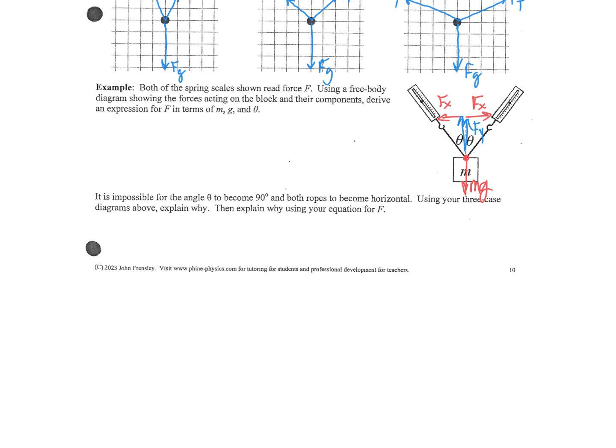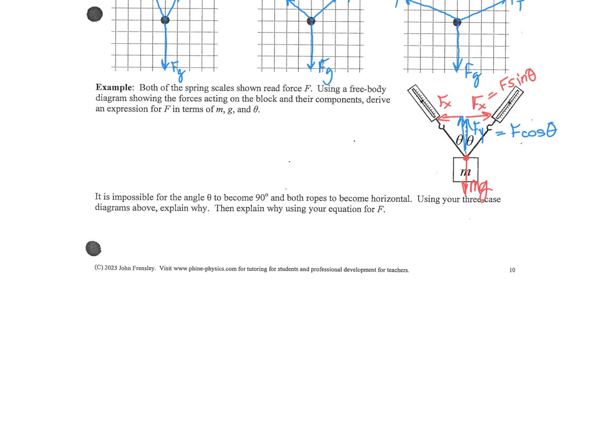So force in the y direction is going to be F cosine theta this time. Be careful with that because look where the angle is. Y is adjacent. And force in the x direction is going to be F sine theta this time. Okay? So be very careful about that.